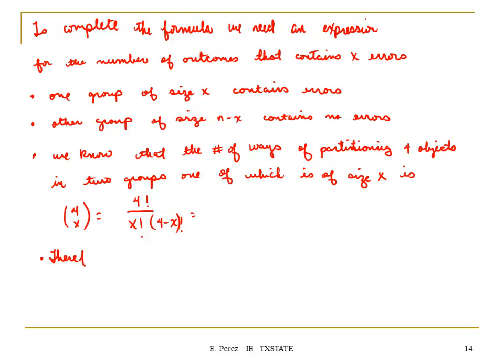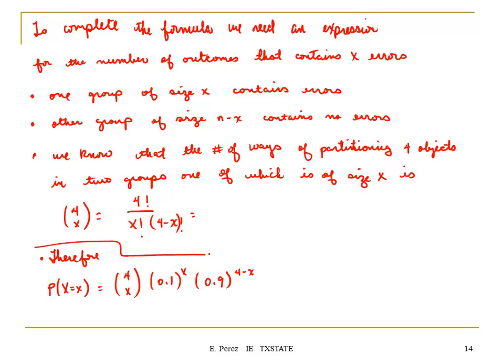Therefore, the probability of X being equal to x, for this example, is the combination times 0.1 to the power of x times 0.9 to the power of 4 minus x. And remember, this equals this.